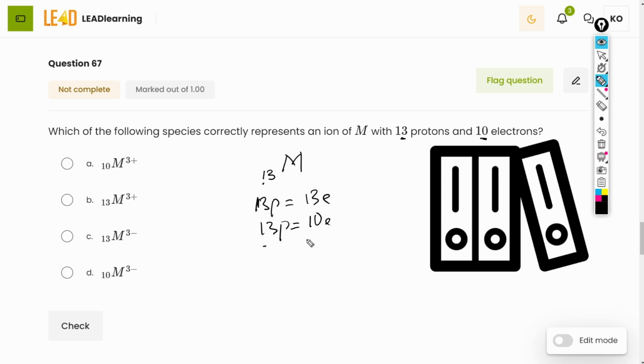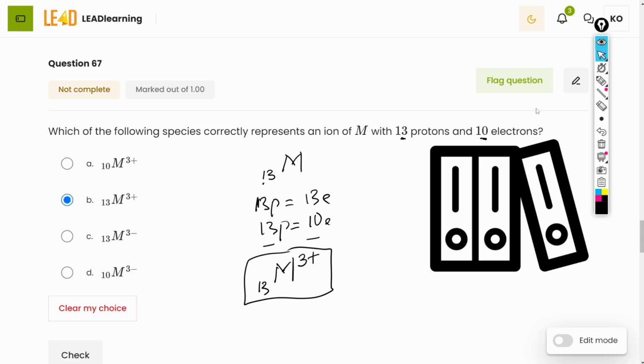This clearly tells us that this metal has lost 3 of its electrons. So that means it has 3 protons extra. So M will now become 3 plus. So let's check which option has M13 3 plus. So it's the option B.